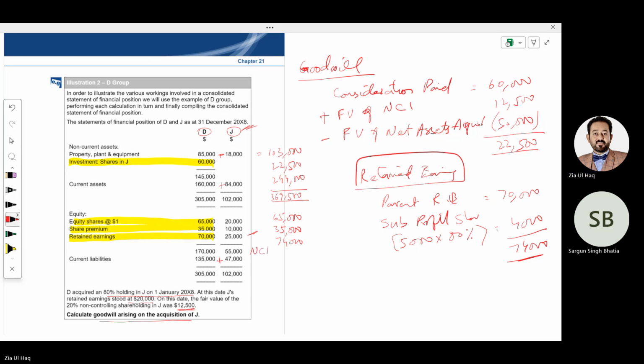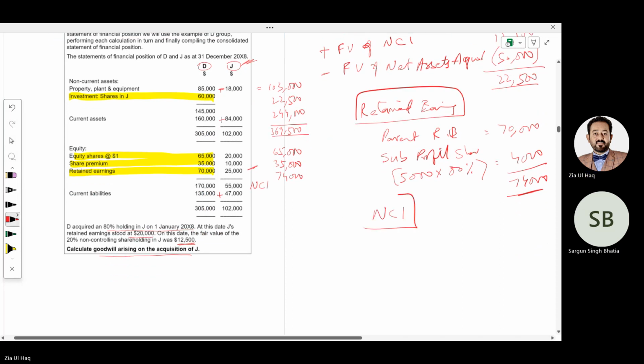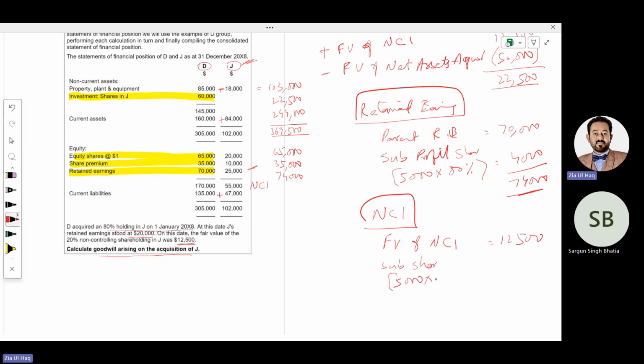How to calculate non-controlling interest? Fair value of non-controlling interest given in the question, 12,500, and the subsidiary share. How much is the subsidiary profit? 5,000. What is their share? 20%. How much is 20%? 1,000. So this will be 13,500.